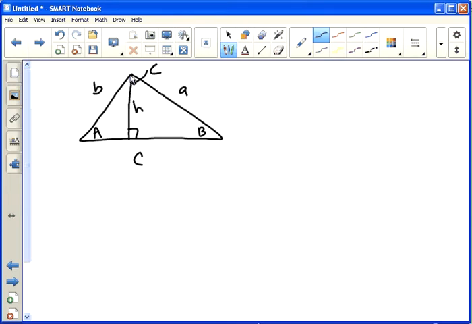So now what we need to consider is the sines, since this is the law of sines. Okay, so sine of A, so right now, just to be clear, I'm looking just at this triangle.